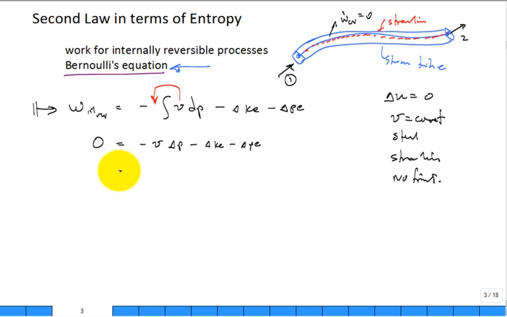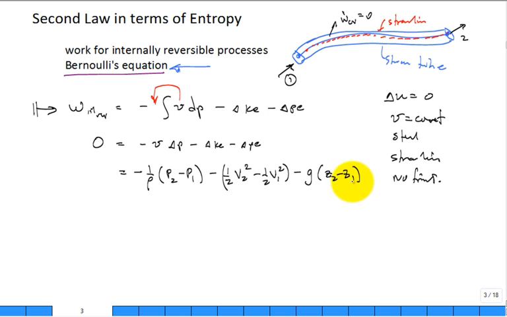Okay, so now we can write it as negative 1 over rho, pressure 2 minus pressure 1, minus the kinetic energy, 1/2 V2 squared minus 1/2 V1 squared, minus Z2 minus Z1. What do you mean by Z? The elevation, right? We used Z before.